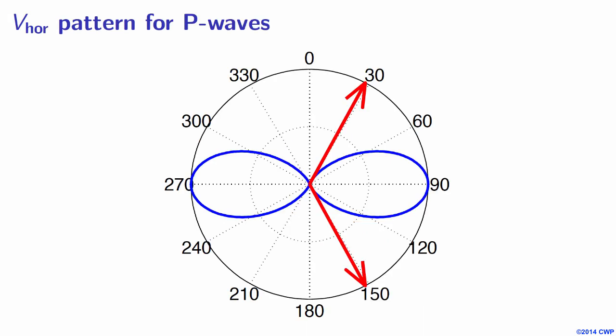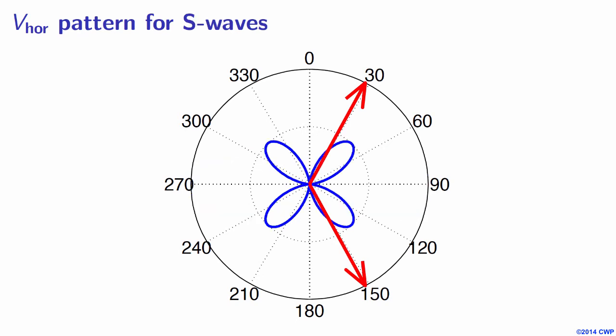These red arrows indicate the aperture for the given source receiver geometry. And we can see from this diagram that most of the energy that's scattered by the anomaly in V horizontal, most of the P wave energy, is recorded by the receivers. That's what the aperture tells us. So we would expect the inversion algorithm to update the V horizontal really well.